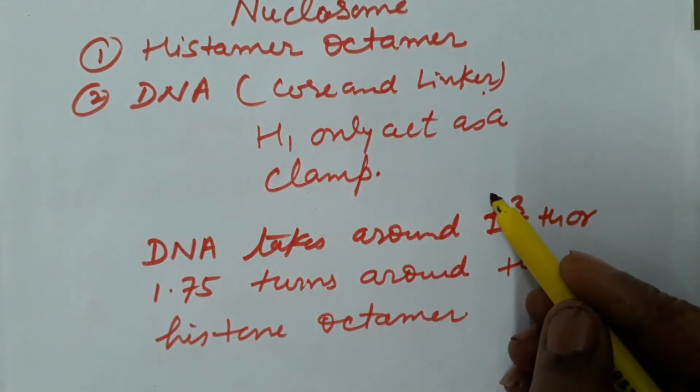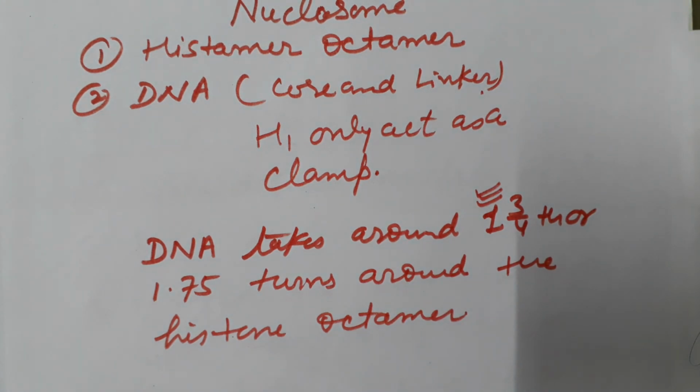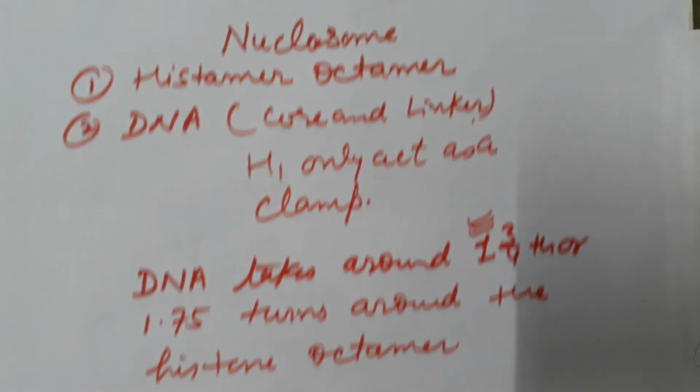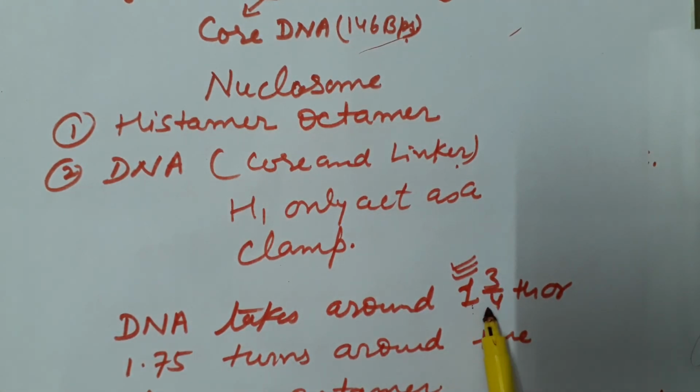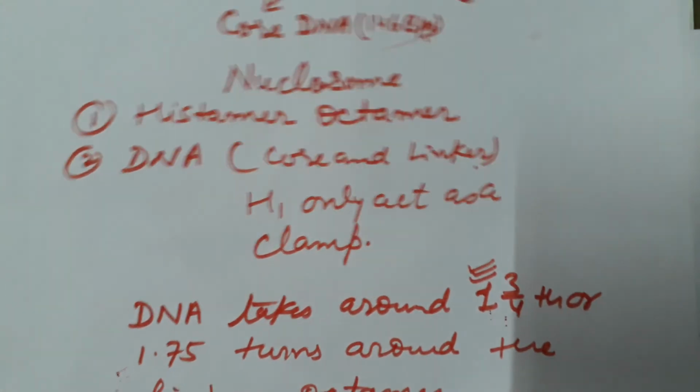This is again a very important point, how much the DNA wraps around the histone octamer. It is equivalent to 1 and 3/4, or 1.75 turns. So this is the structure of the nucleosome.